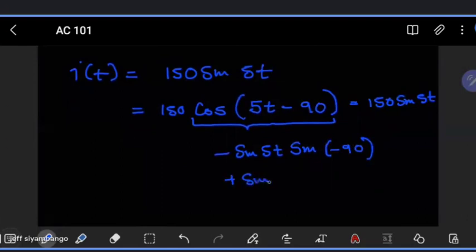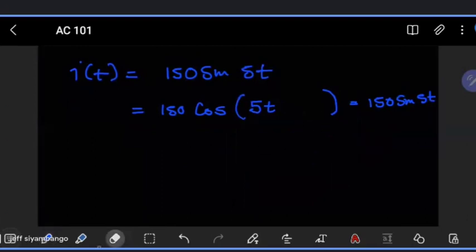And then you'll have sine 5t, sine positive 90 again gives us 1, leaving us with only that again. This is why negative 90 and plus 270 work. But I'll stick to 270 there. So we're taking our phi to be positive 270.